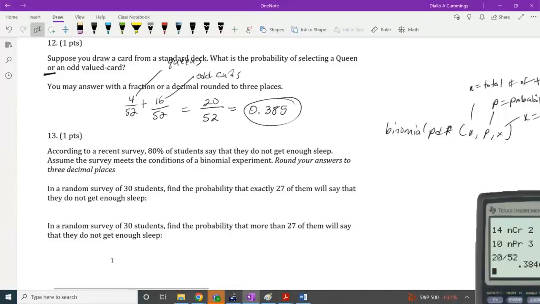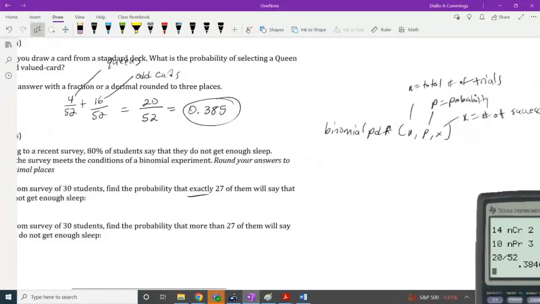In a random survey of 30 students, find the probability that exactly 7 will say that they don't get enough sleep. Since we're finding an exact probability, I'm going to write this as the probability that X, the number of students that don't get enough sleep, is equal to 27.